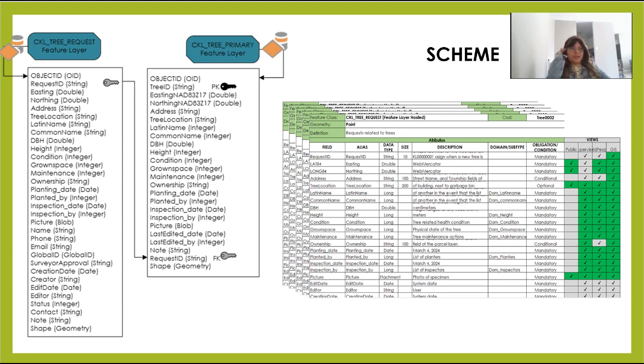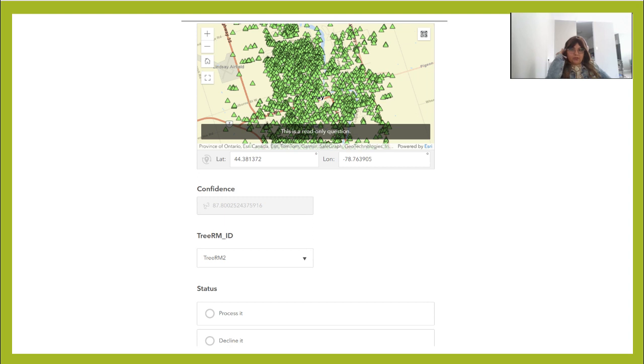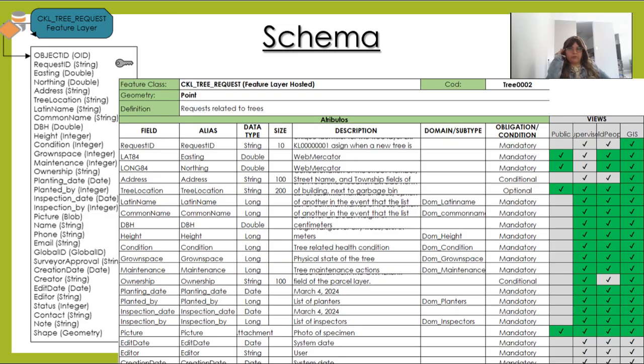The relationship between these tables is managed through the foreign key request ID. The tree request table is fed in two ways, with data queried by remote sensing technology, and also by the requests made by the public. Let's see how it was built.